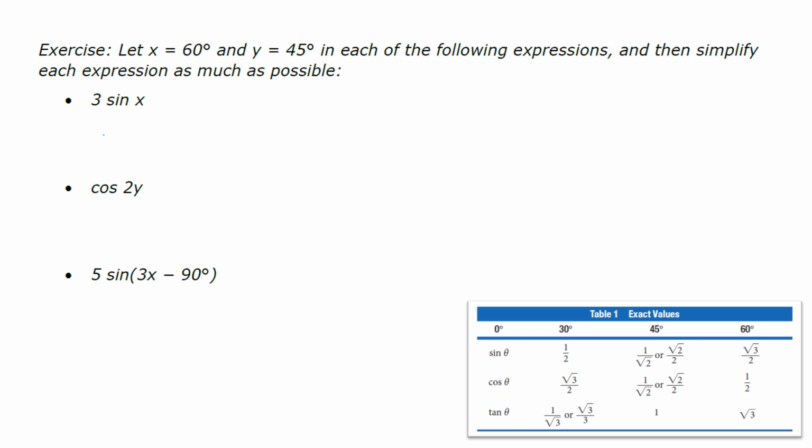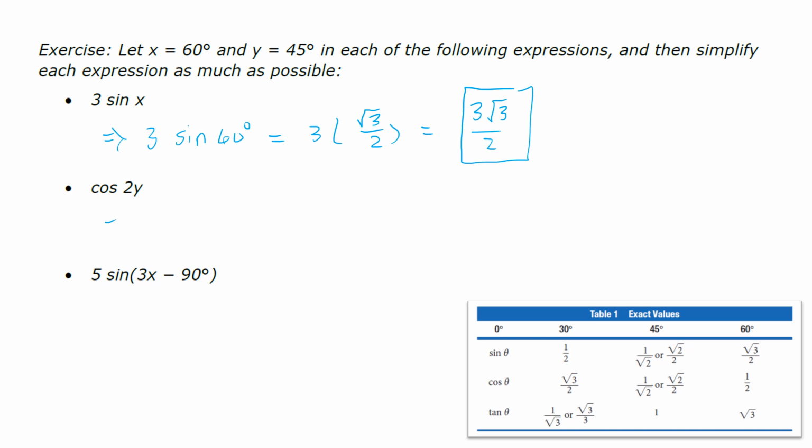Here x equals 60 degrees, so 3 sine of 60 degrees. Well, the sine of 60 degrees is the square root 3 over 2. So if we simplify this further, we would have 3 square root 3 over 2 as our final answer.